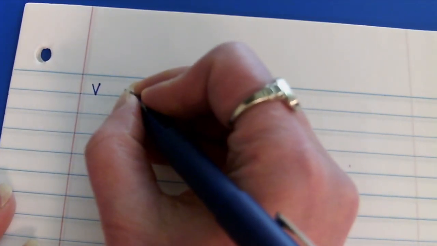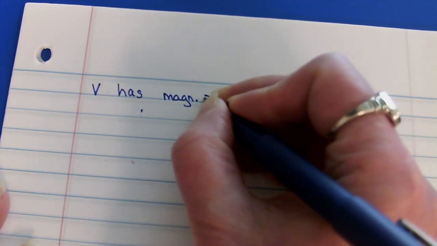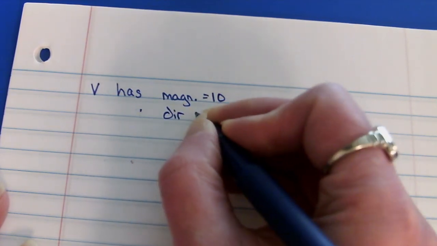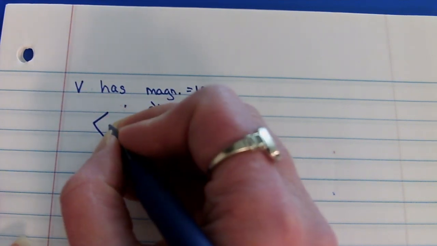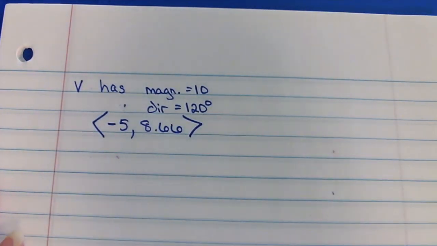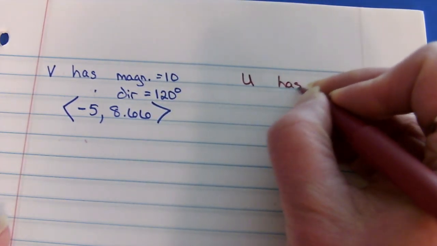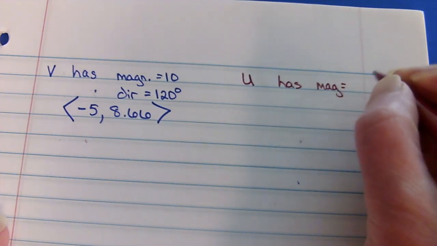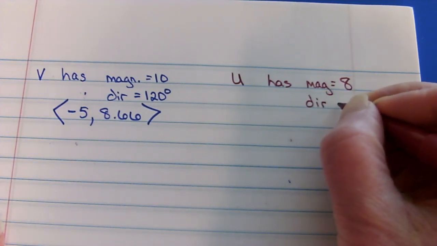So we had vector V has magnitude of 10 and direction was 120. And we ended up with vector -5, 8.66.